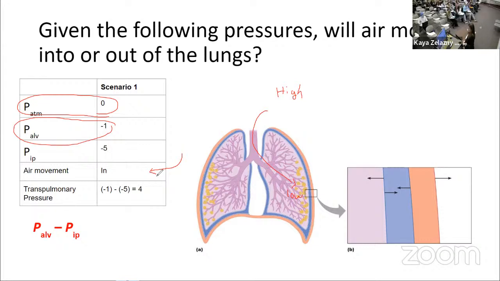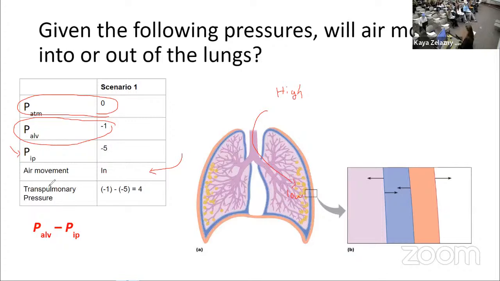Now the second part is where we think about our intrapleural pressure. So as we start to think about how we created this negative pressure inside the alveoli, we might pay attention to what's going on across the wall of that lung. So we mentioned this idea of having like a distending pressure, so a pressure that causes the lungs to change their size.